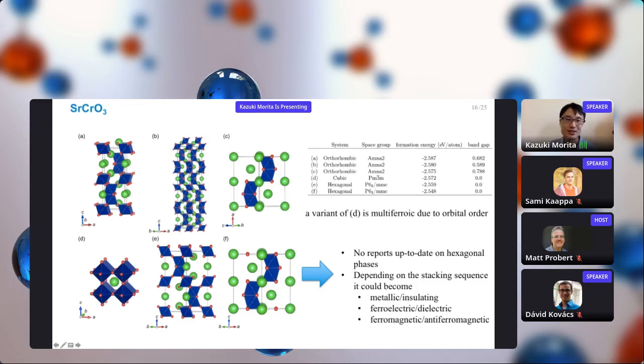I should have mentioned that the difference between C and F is whether it has T2U distortions. So probably experimentally, this one is the higher temperature phase of this one, so it's probably T2U averaged due to temperature smearing.